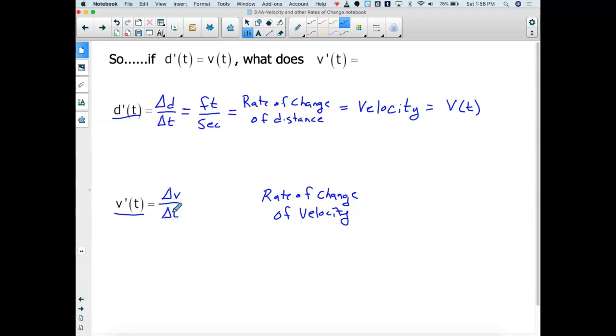And here's where it really kind of comes together, because what are my units of measure? What are my units on change in velocity? Well, my velocity is feet per second. So I get feet per second. Time is still in seconds. So I get feet per second per second. Ooh, and the rate of change of velocity, you know what that gives us?